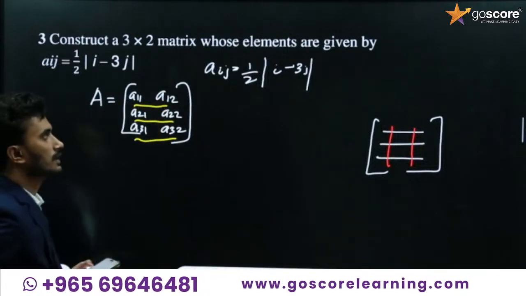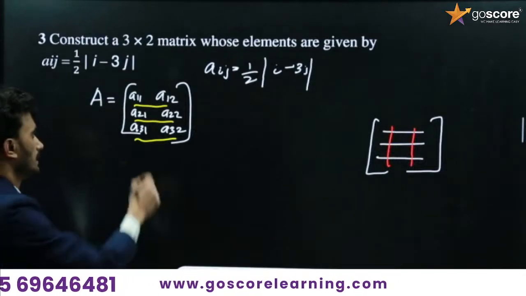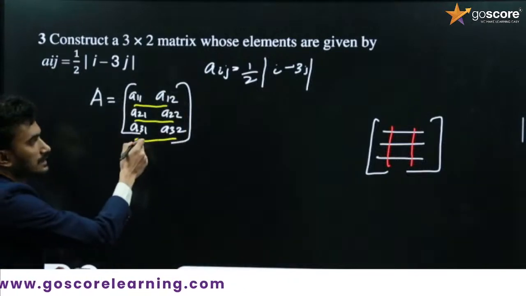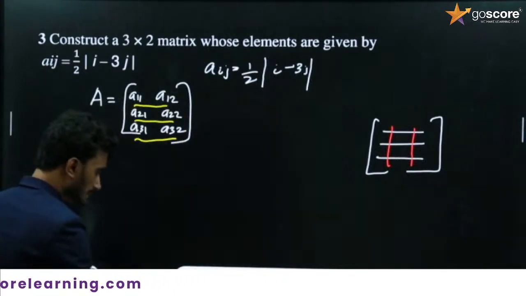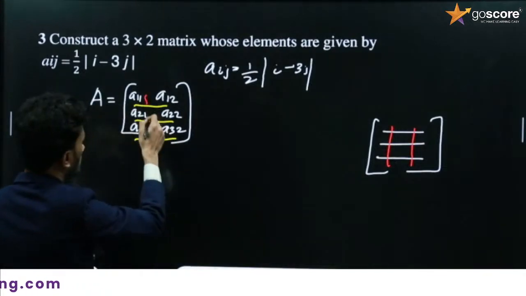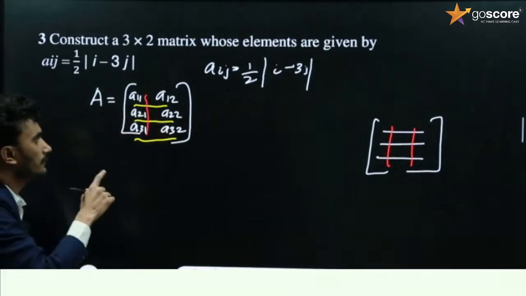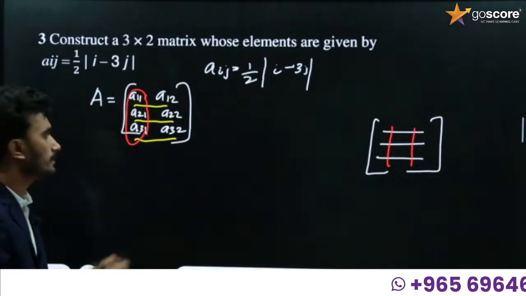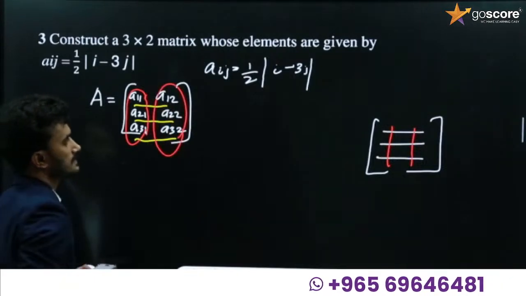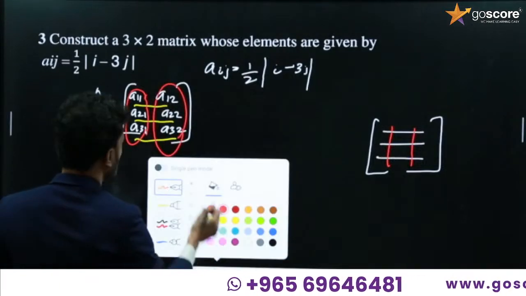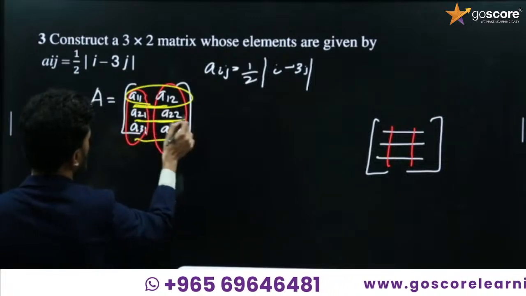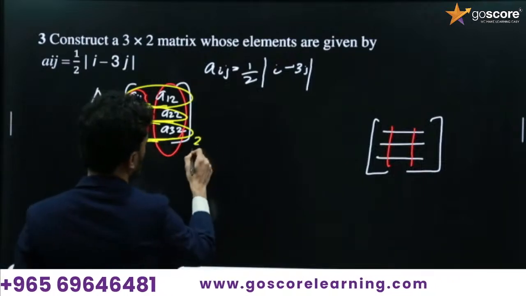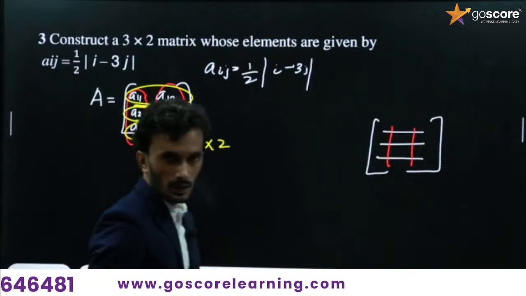A11 and A12 is the first row, then A21 and A22 the second row, and A31 and A32 the third row. This one is the first column, A11, A21, then the second column. So we will get it as a 3 by 2 matrix.